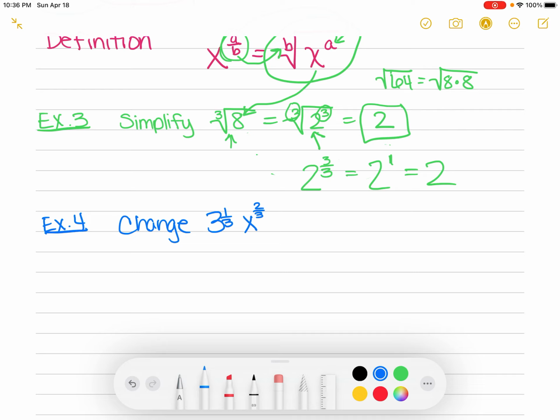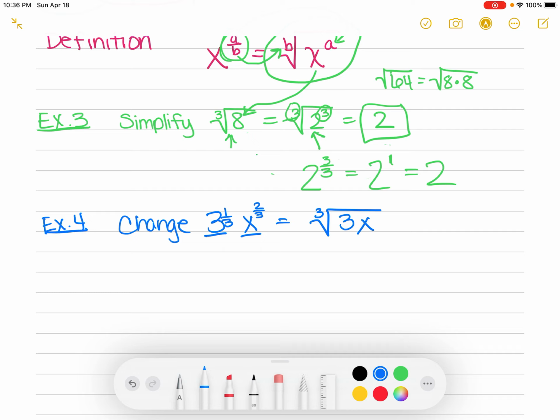So what that means is when I write my root, the number that's going to go right here should always be your bottom number. Okay, so if those are the same, then that means you can put them in the same root sign. So that's cubed. And then you're just going to put the base down there.